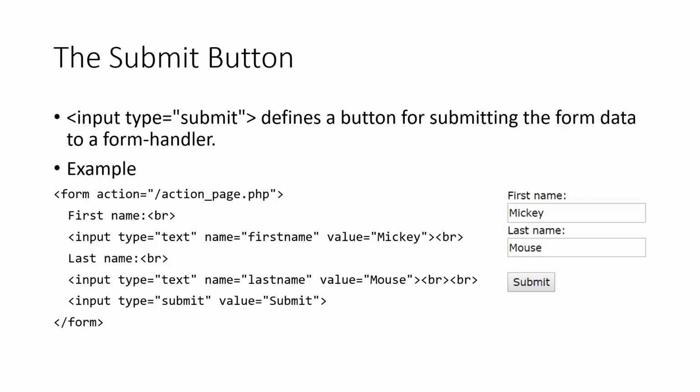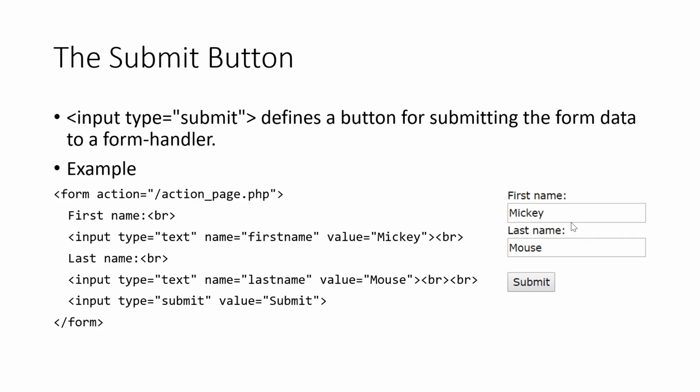Right. Then the buttons. Usually we can have a couple of buttons in a form. The most common button is the submit button. For the submit button, we specify input, type is submit, which will show you the submit button.